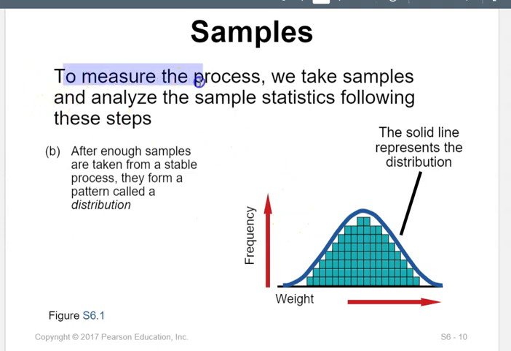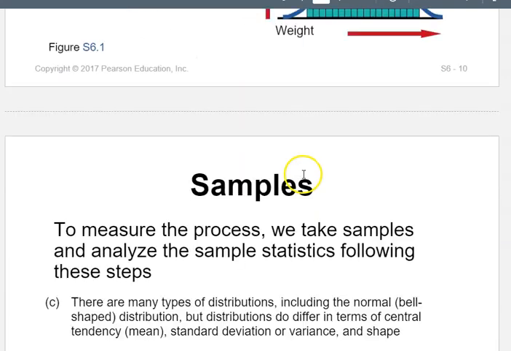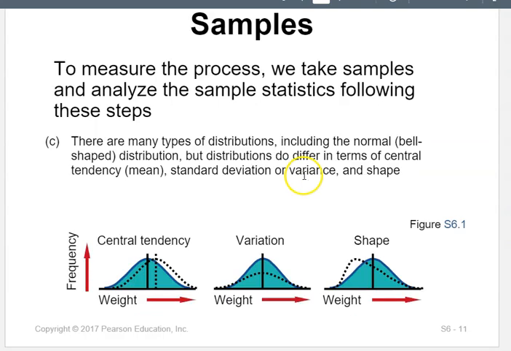So to measure the process, we take samples and analyze sample statistics following these steps, right? If we have a perfect normal distribution, we can statistically explain a lot of things and put a control limit around it. Not every sample we take is perfectly normal.